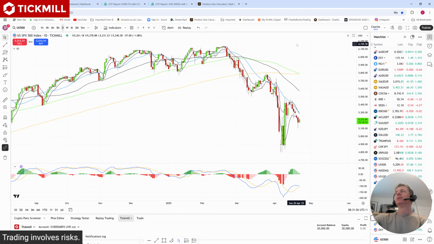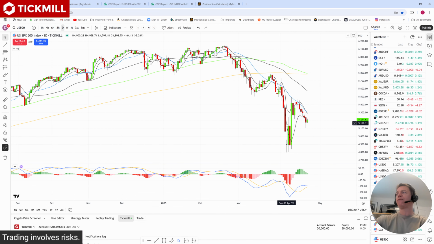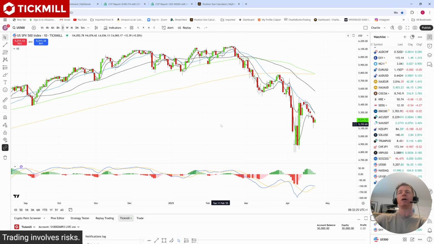But when there's massive spikes in buying the dip, this isn't short-term traders, this is more investors who are buying into things like exchange-traded funds. When they're massively coming in en masse, on that Friday, Friday the 4th of April, we saw this huge spike in buying from the retail crowd.